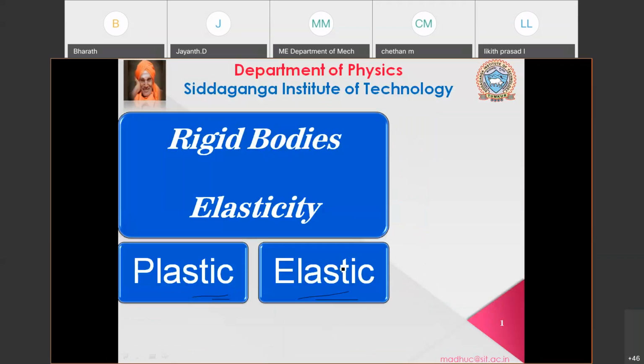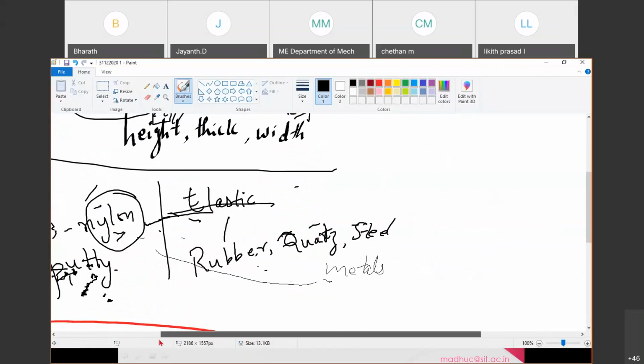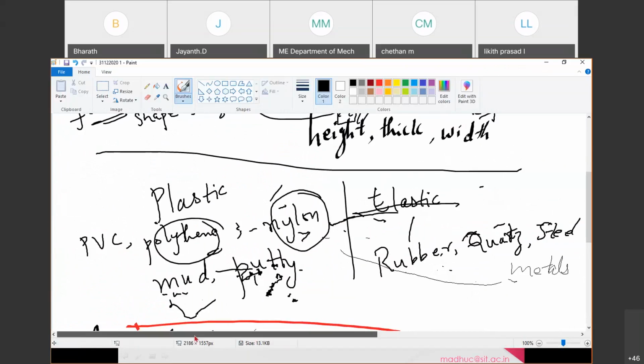If you take any material, based on its properties, we can have either plastic or elastic. In a plastic material, there is a permanent deformation of the shape once you apply the external or deforming force.